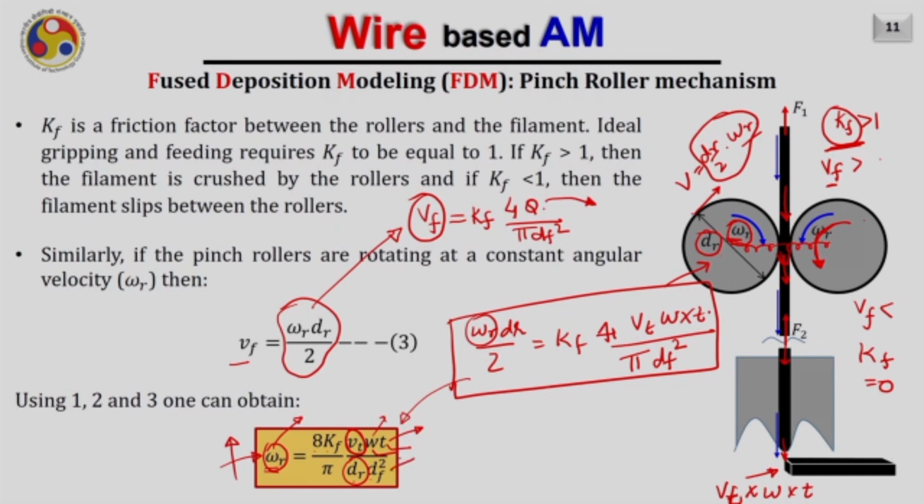Similarly, if the diameter of the wire is reducing, again to maintain the same values of w, t and vt, you need to increase omega r. So I now have many controls in my hand when I am feeding these wires into the liquefier. By just controlling the value of omega r, I can control several other parameters.